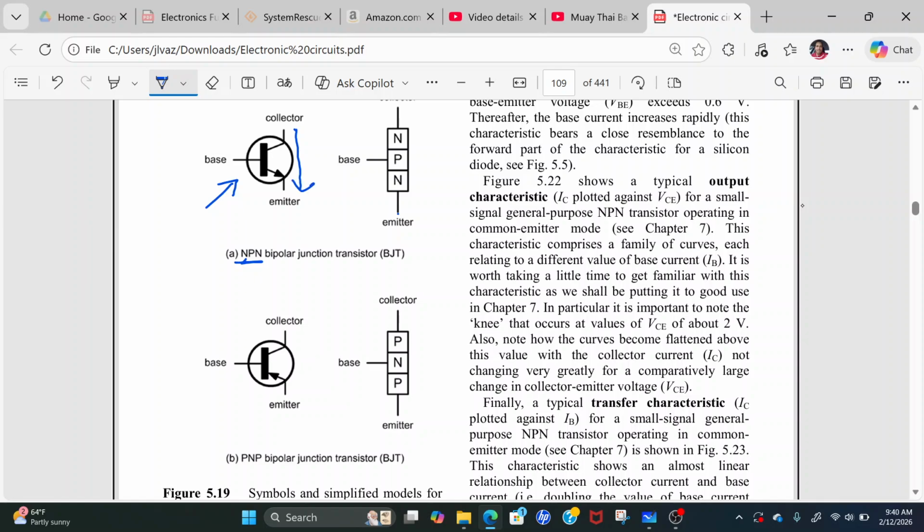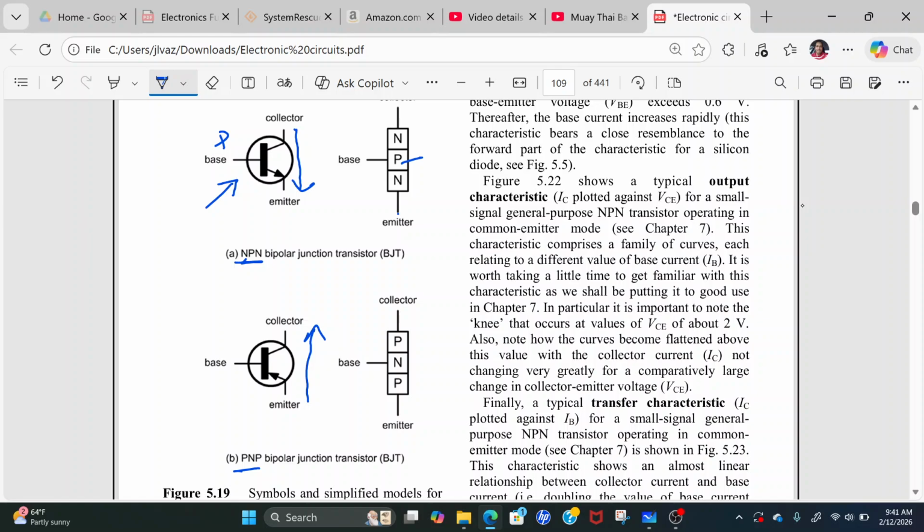All right, so now let's compare that with the PNP, which is this one here. Notice the direction of the arrow on the emitter. The flow occurring now is from the emitter to the collector, all right? In this case, the base is a p-type material, okay?